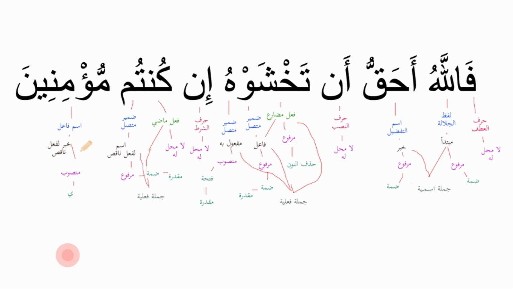So the فعل ماضي, the attached pronoun tum, and that noun mu'minin together make the jumla fi'aliyah. So that jumla fi'aliyah and the jumla ismiyah at the beginning together they make a jumla shartiyah because of the in.